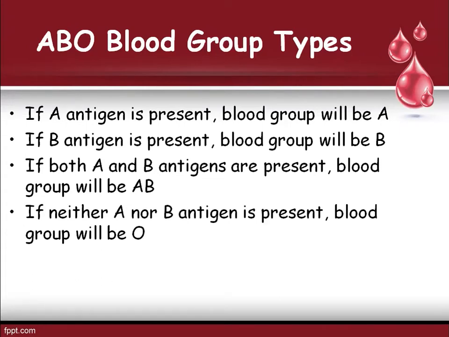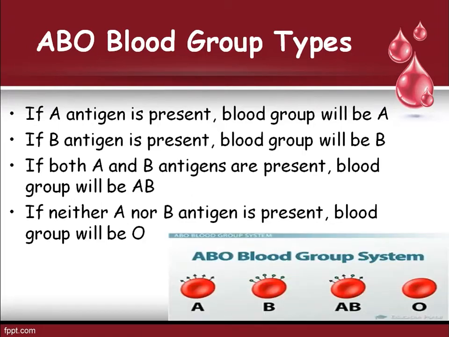If neither A nor B antigen is present, then the blood group will be O. See in the diagram, in the presence of antigen A, it is blood group A. In the presence of antigen B is blood group B. In the presence of antigen A and B, it is blood group AB, and in O neither A nor B antigen is present.